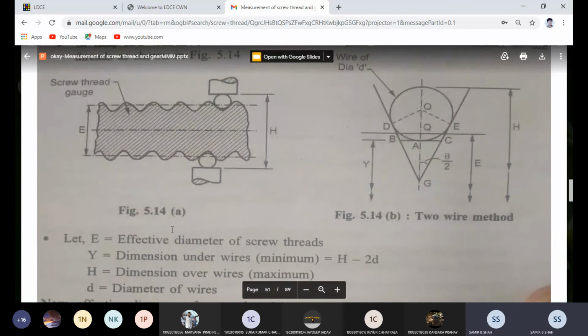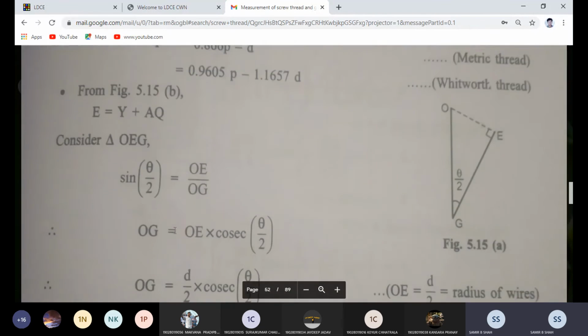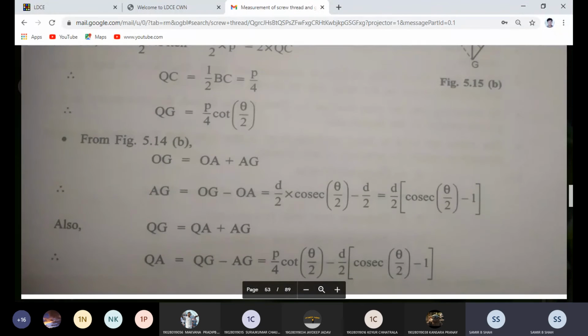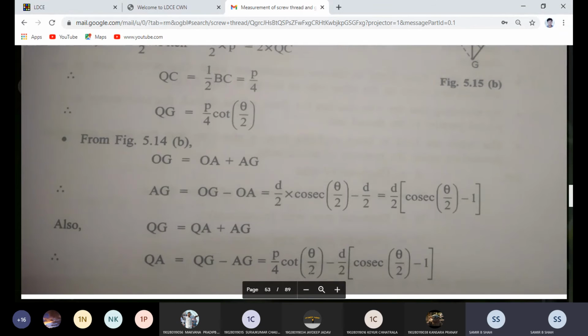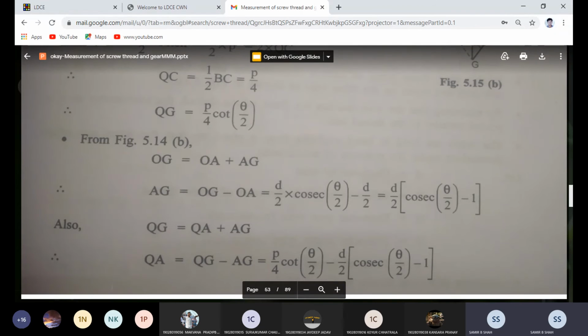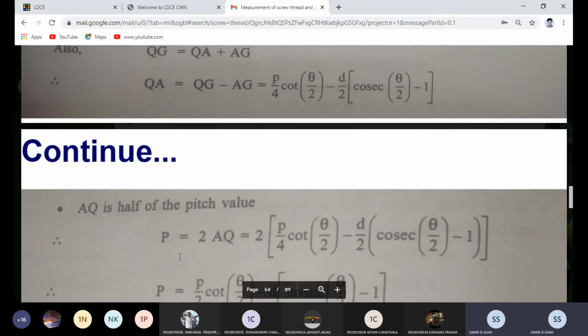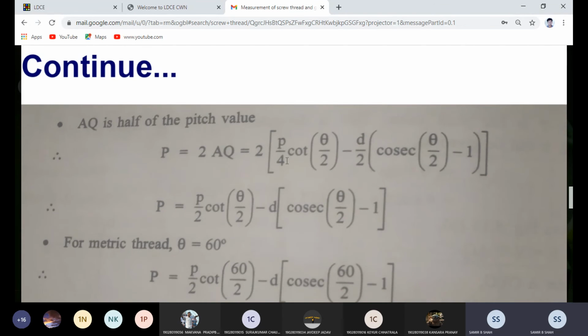If we double AQ, then we get the pitch. And we already found AQ, QA. So we double it. It means the value of QG minus AG twice, or we consider twice of AQ, then we get the P. So P is equal to twice of AQ, means twice in the bracket.